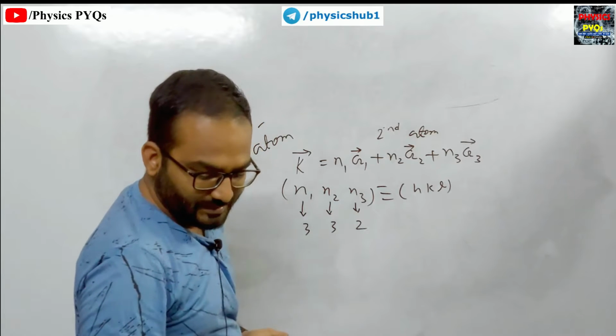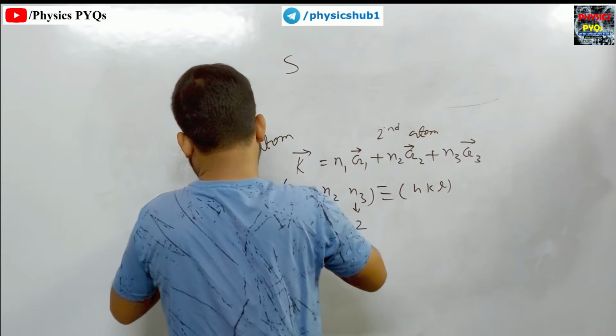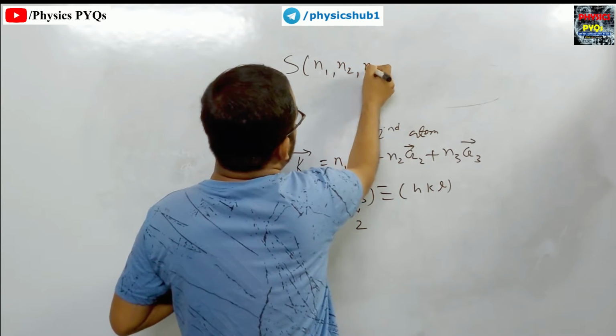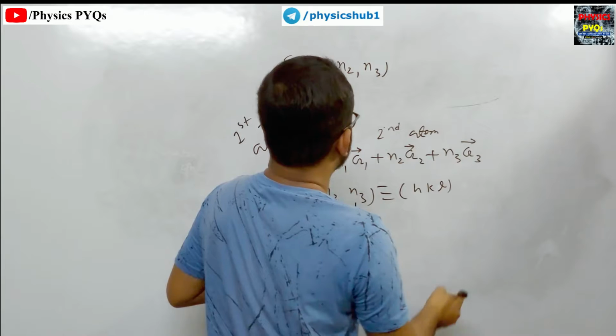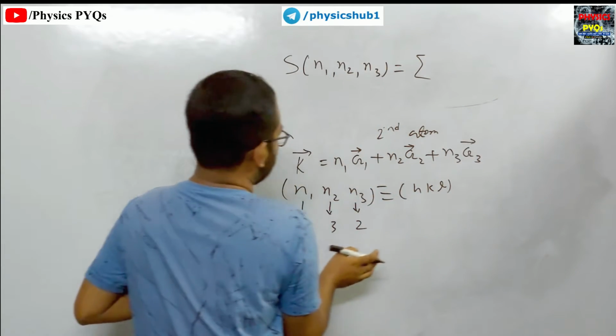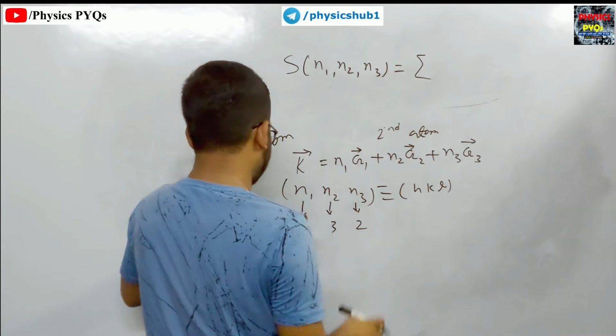So, S becomes the structure factor, which is a function of n1, n2, n3. We are just doing some modification in the formula, because in place of h, k, l we have n1, n2, n3 now.